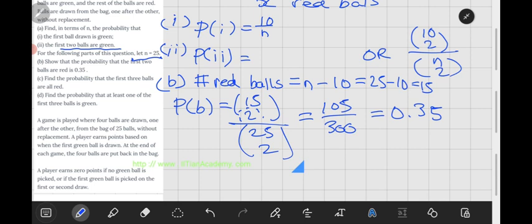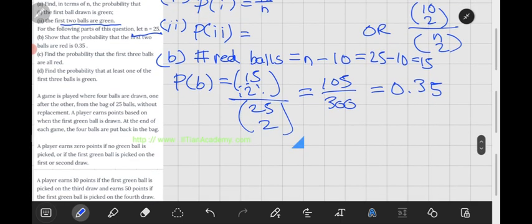And the same goes for the equation above. It's the number of ways of selecting two balls out of the 10 green balls divided by the number of different ways to select two balls out of the n total number of balls. Okay, so now for question C, we are asked to find the probability that the first three balls are all red.